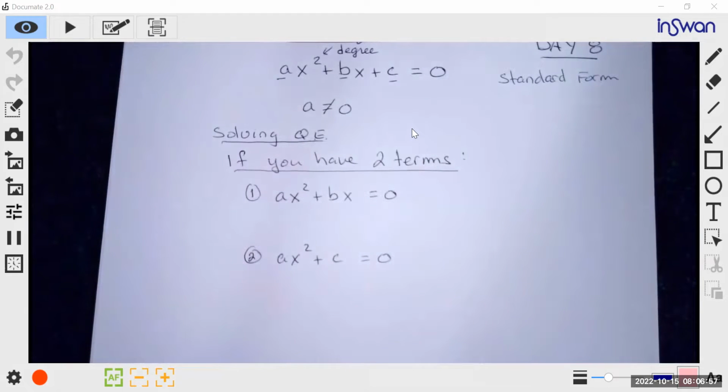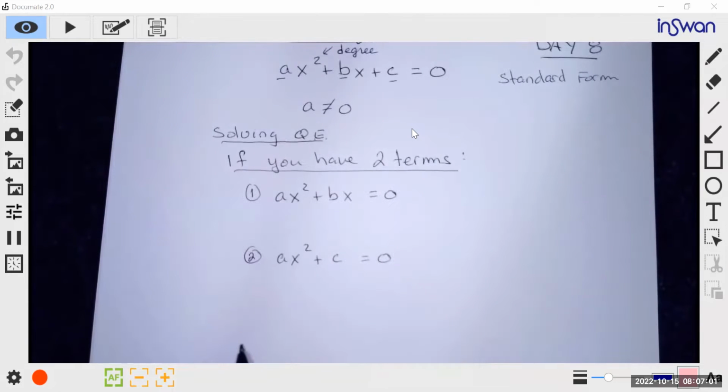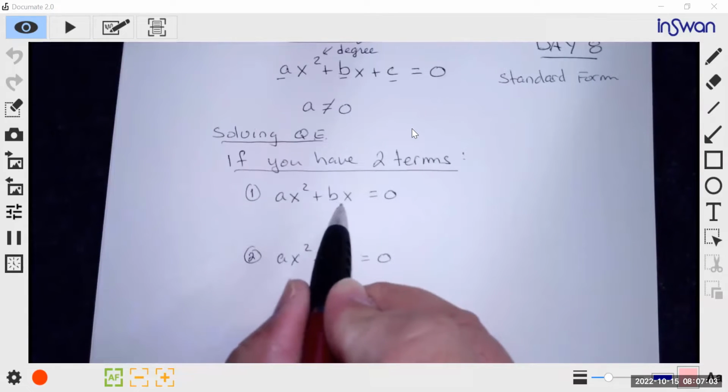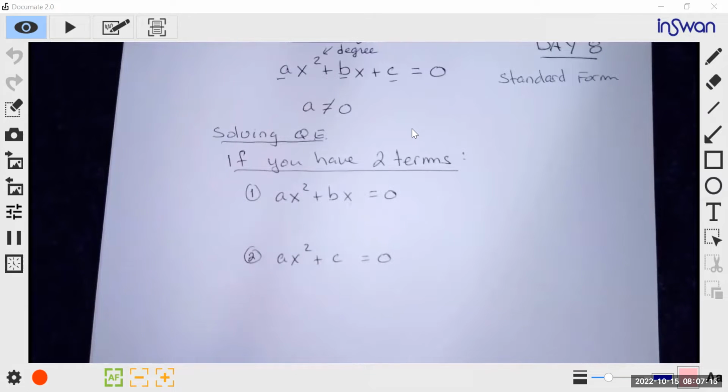If you only have 2 terms, then remember you have to have the a. The x squared has to be there to be quadratic. Your other term can be the middle term that has an x, or it could be the constant. Depending on which ones you have will make you use a different method.